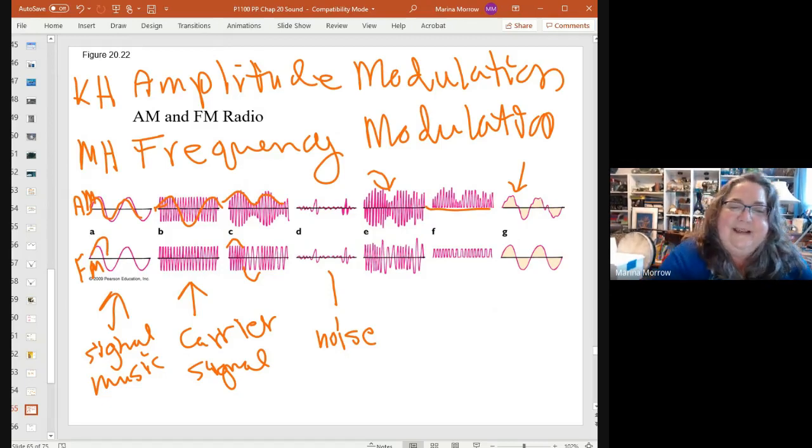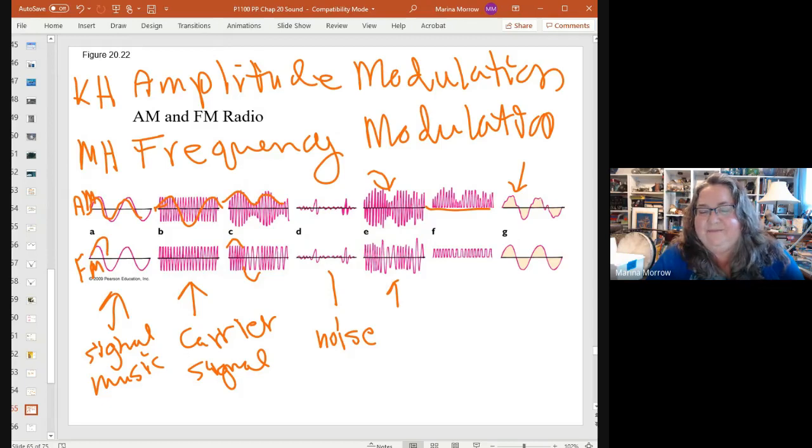Then when the noise comes in, it still makes it look a bit weird, but the noise doesn't affect the frequency. And so when it gets processed by the receiver, they don't need the height, the amplitude, which is what the noise changed. It didn't change the frequency. So they can just reinterpret the frequency. You can see they still got the peak and the trough.